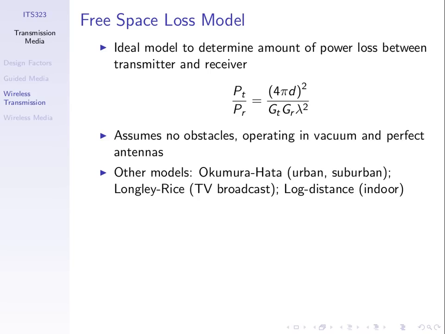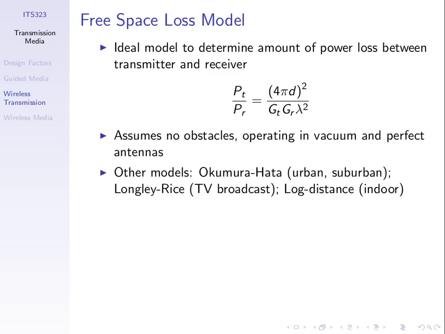There are no other transmissions, and no obstructions between transmitter and receiver. If I start with some power level, how much power do I lose across some distance d? This equation gives us that relationship. So it's an ideal model. It's not true inside this building and in most practical cases, but it's a good approximation or a good way to start with determining path loss.